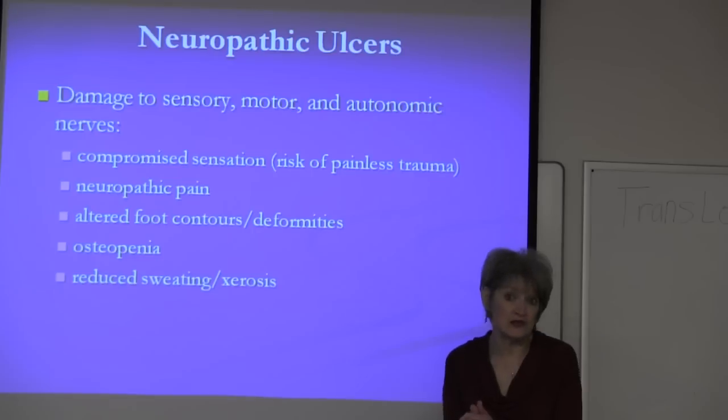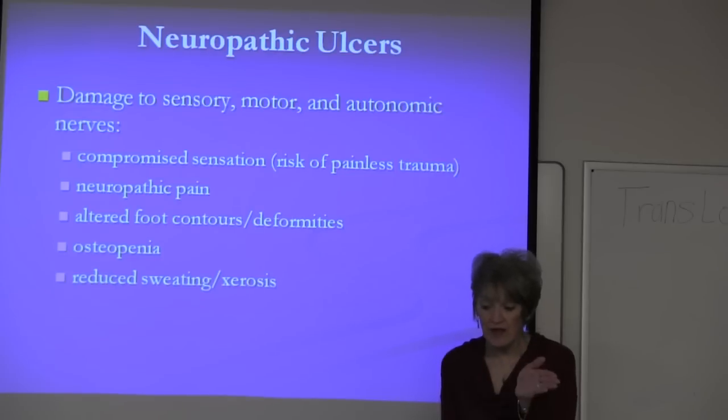We don't totally understand the pathology of the development of neuropathy, but one theory is that when you have chronically high glucose levels, that glucose passes into the cell, specifically the nerve cell. There's an enzyme within the nerve cell, aldose reductase, that changes the glucose to sorbitol.